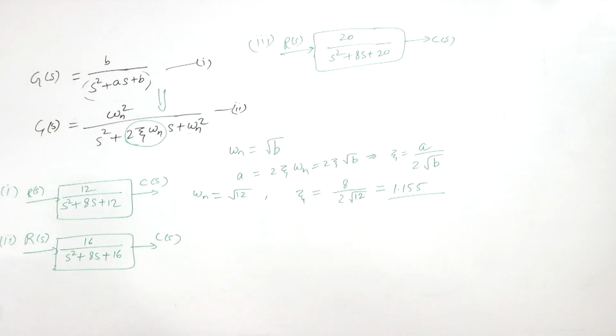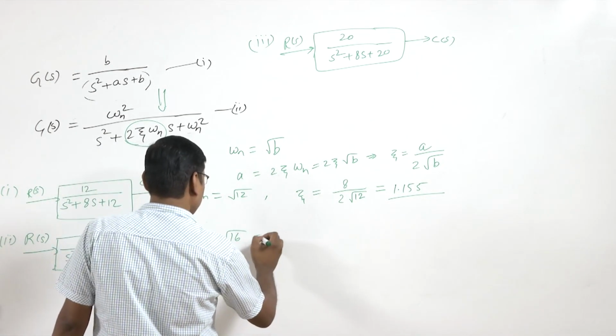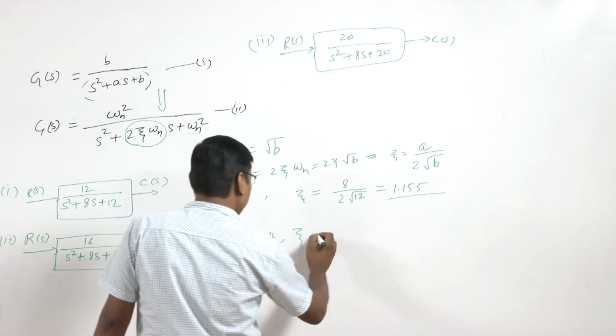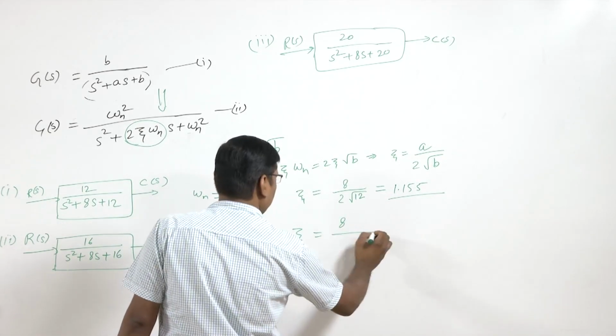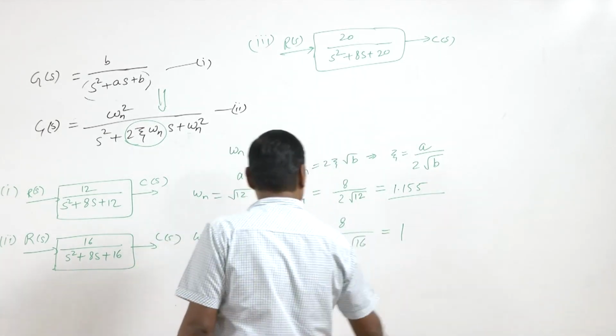For the second case we get omega n equal to root 16 and damping equal to 8 by 2 root 16, equal to 1.